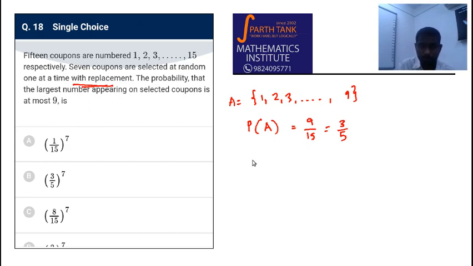Now, if there are 7 coupons selected like this with replacement, then each turn becomes independent, right? Each turn is independent of the next turn. Therefore, the probability is 3 by 5 for the first, 3 by 5 for the second, 3 by 5 for the third, and so on 7 times. So the answer is 3 by 5 raised to 7.